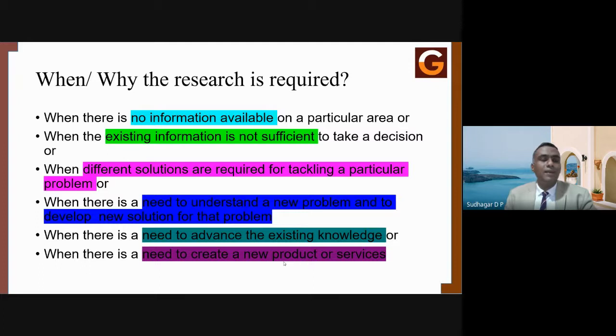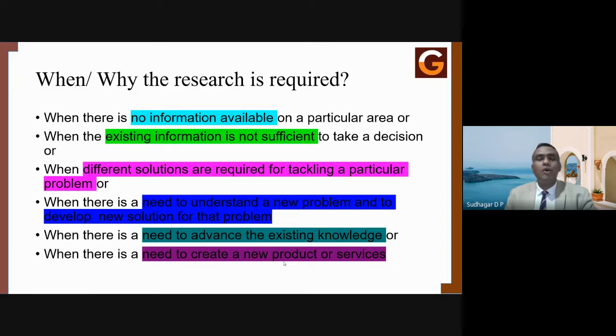Number two is when the existing information is not sufficient to take a decision. I'm sure there must be some information which is already available in the literature, but that information may not be solving the requirement of taking a particular decision in a most reliable way. Then definitely you can involve in research. The third factor is when different solutions are required for tackling a particular problem.